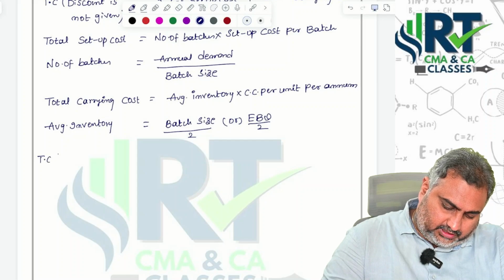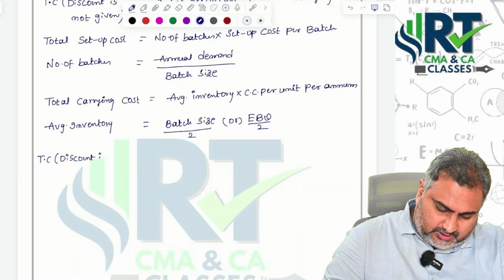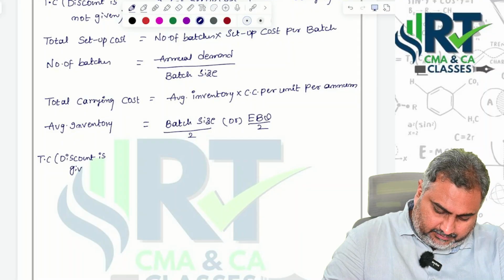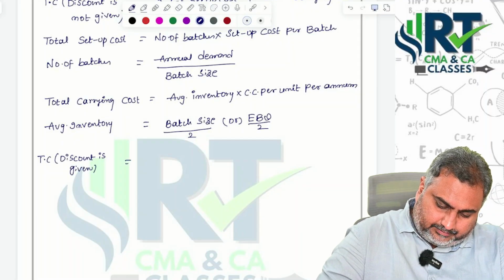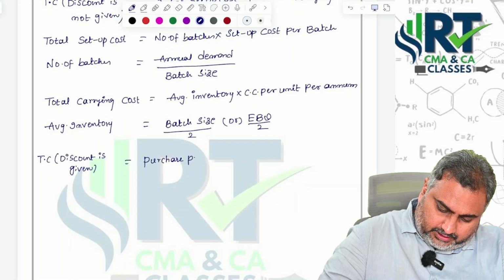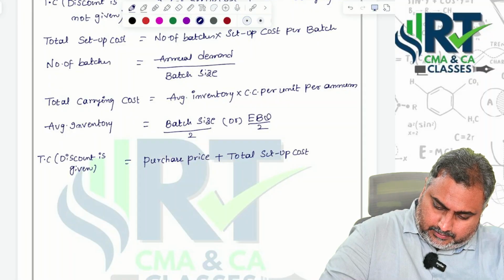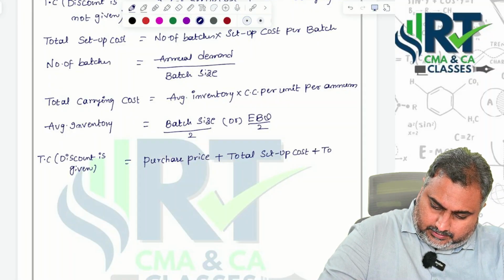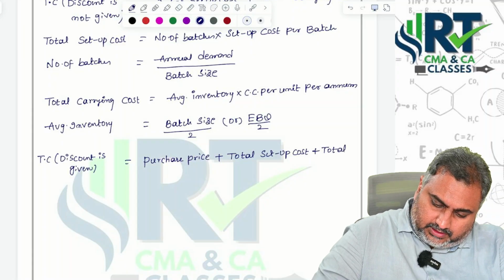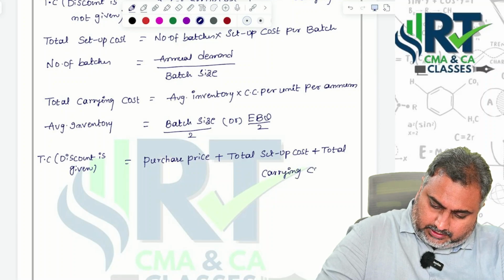Then my next total cost, discount is given. Then my purchase price plus total setup cost plus total carrying cost.